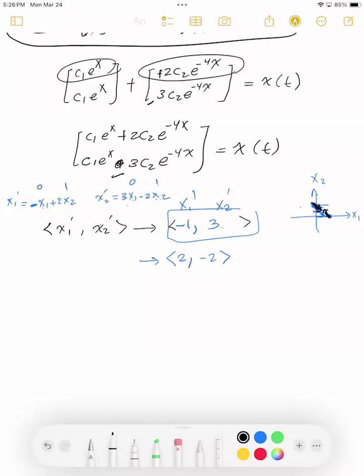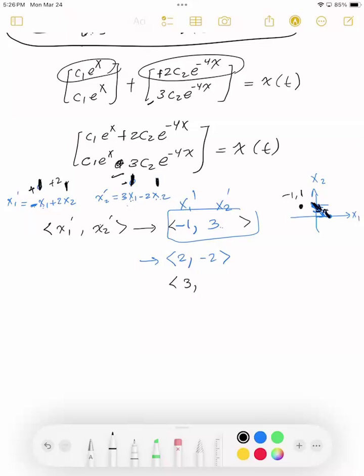Let's do one more. Let's say I go to this point here, where x1 is -1 and x2 is +1. So I put -1 here and +1 here. Negative, negative makes that positive. 1 times 2 is 2. So I get 3, comma. I put -1 for x1, +1 for x2.